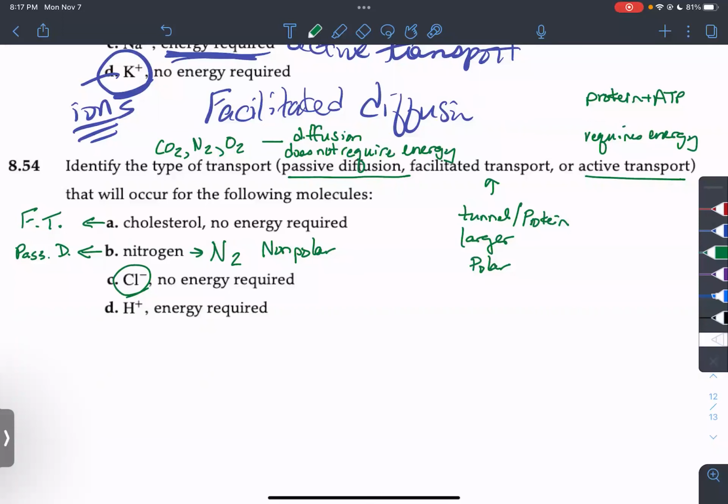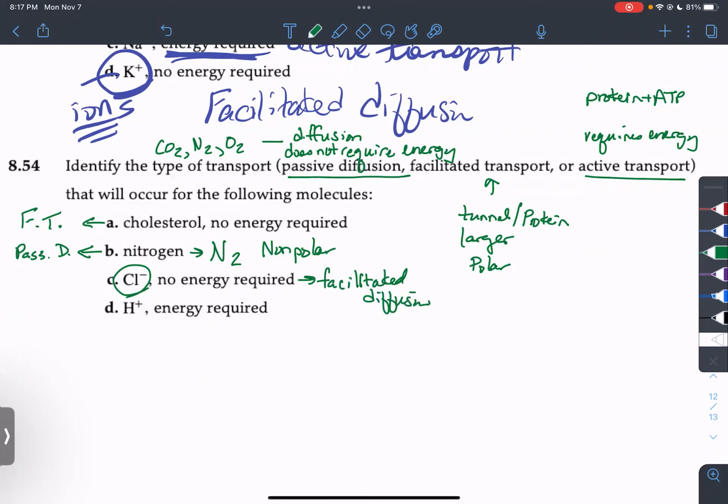And so these charged molecules are extremely polar because they're charged. So it's not going to get across all by itself. So it's not going to be passive diffusion, but it says no energy required. So this kind of tells us there's a tunnel. So that is facilitated diffusion.